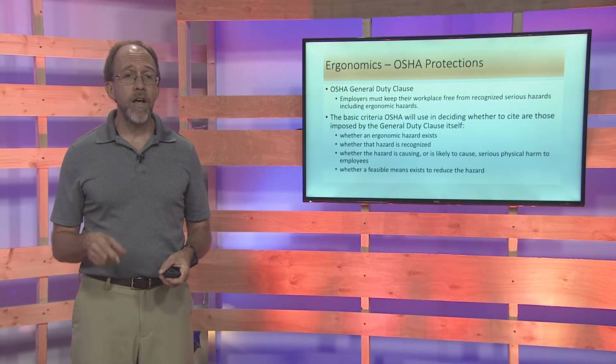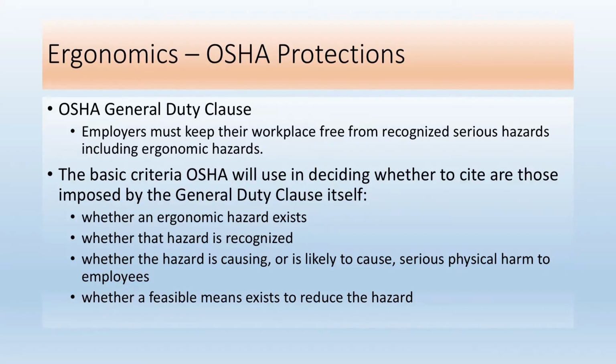Now, ergonomics is recognized by OSHA, the Occupational Safety and Health Administration. The general duty clause of OSHA covers issues of these types of injuries that we've discussed and the ergonomic design. So it isn't like in a workplace you can ignore this.